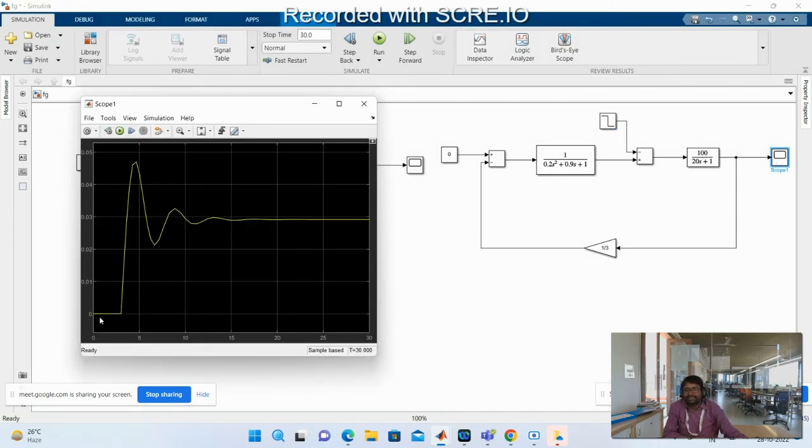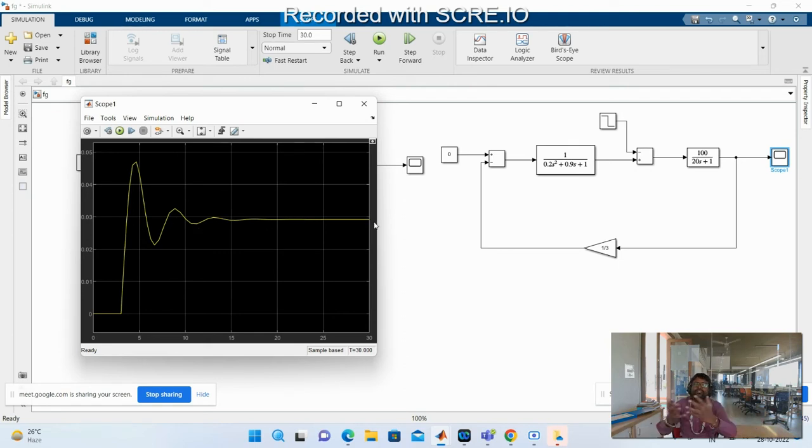That's it. See? Initially, for 3 seconds, there is no frequency deviation because there is no change in load. But after 3 seconds, the demand is decreased by 0.01 per unit. So frequency is increasing. Frequency deviation is positive, and later it goes to the steady state condition.